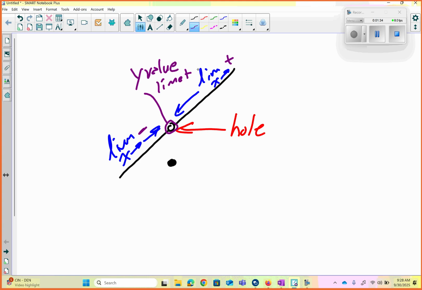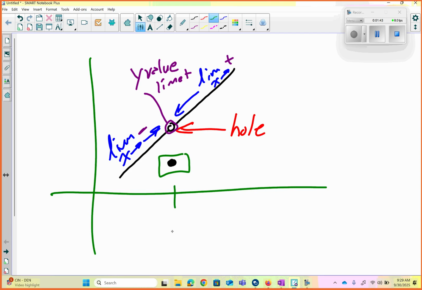The only time this dot becomes it is let's say we have an xy axis, and let's say this is 4 and this is 2, and let's say this hole up here is at 5. So the limits for all of these would just be 5.